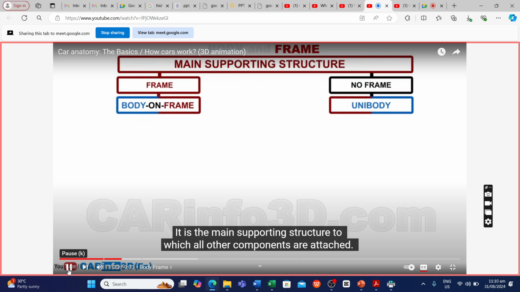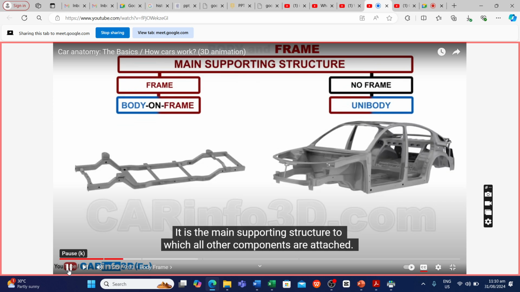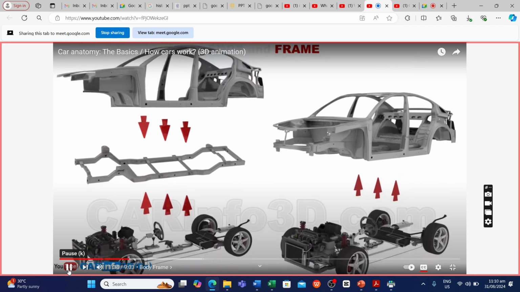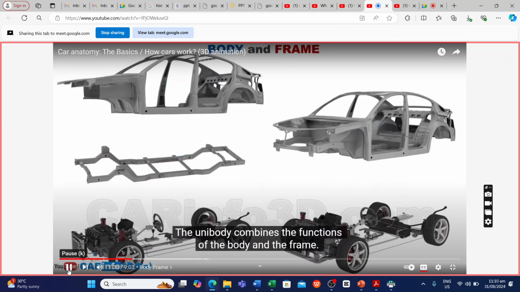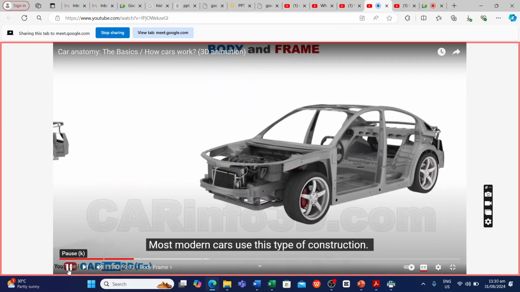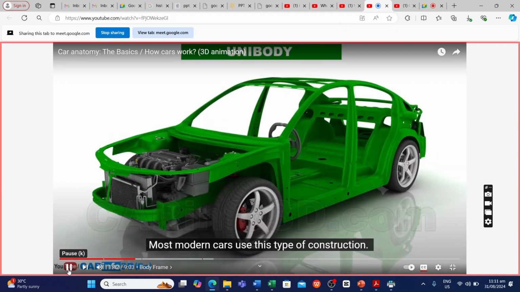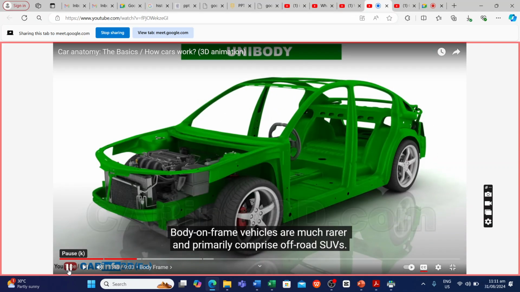It is the main supporting structure to which all other components are attached. It can be a body-on-frame or a unibody construction. The unibody combines the function of the body and the frame. Most modern cars use this type of construction. Body-on-frame vehicles are much rarer and primarily comprise off-road SUVs.